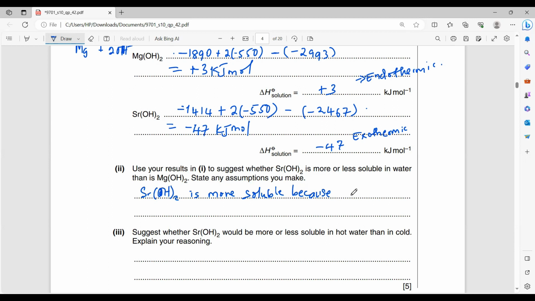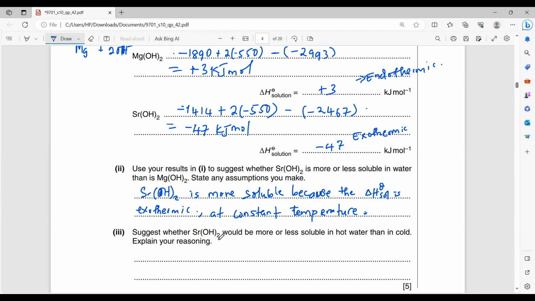Use the result to suggest: because the enthalpy change of solution is exothermic. And for any assumption, you can say at constant temperature, or you can say constant entropy. You can keep it that way. Good.